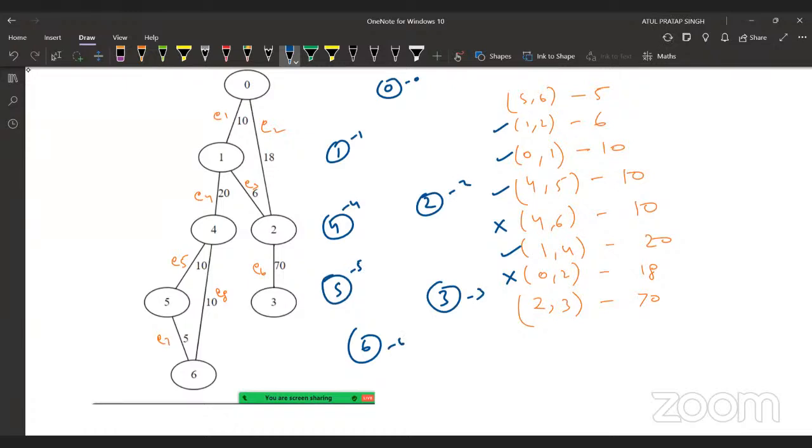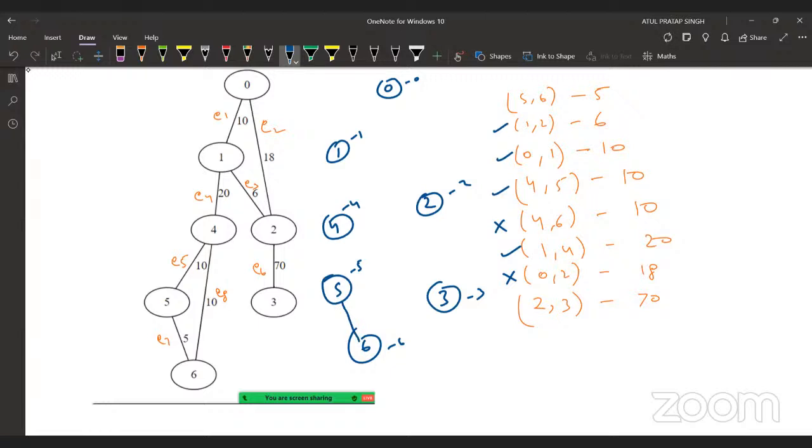So according to the algorithm, we are assigning one component value to each vertex. After that, at the time of considering an edge, we start from this 5 6 edge, and we check whether the component of 5 and 6 is the same or different. The component value of 5 is 5 and of 6 is 6, both are different, so we will consider this edge and update the component. So if we have added 5 and 6, we will update the component.